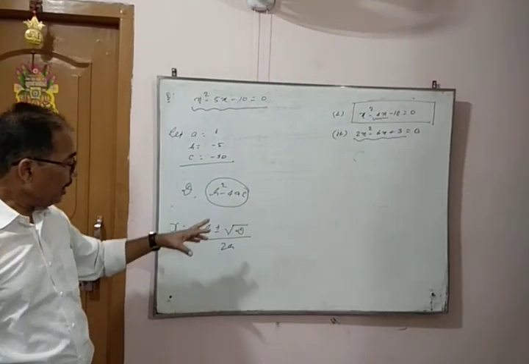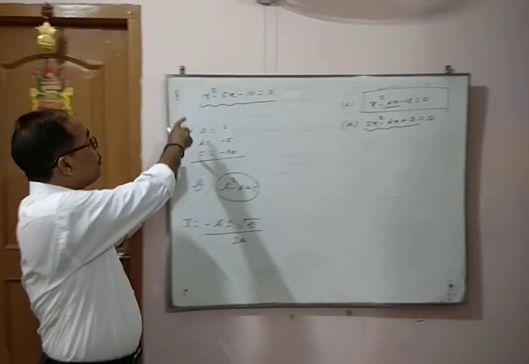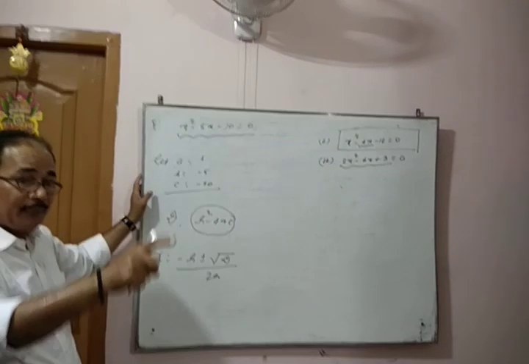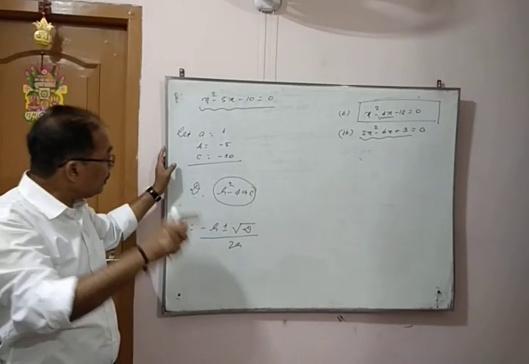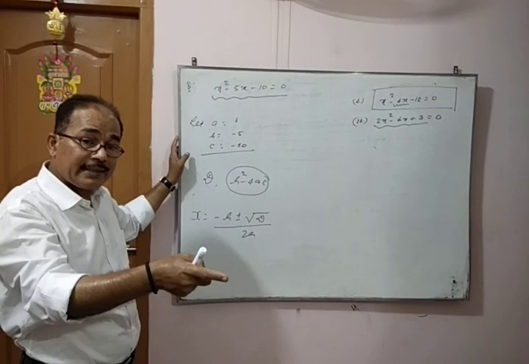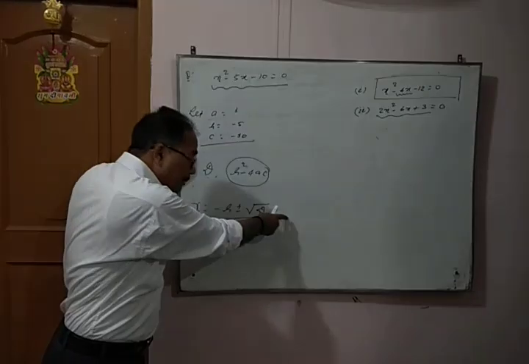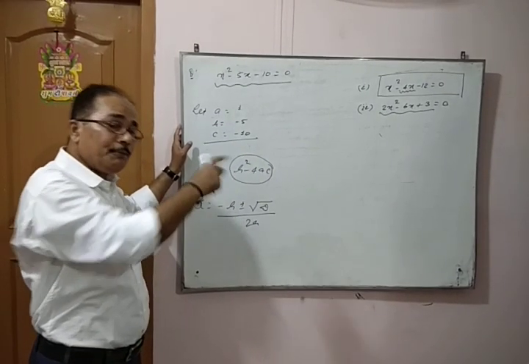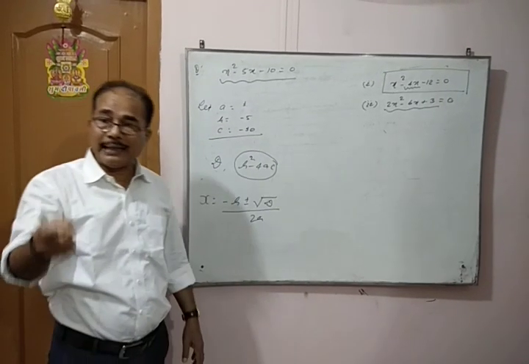So mind it, if the question asks for the roots of this quadratic equation up to 2 places of decimal, then you have to calculate the square root of D up to 3 places. Once you will use the positive sign, next the negative sign, simplify it, and finally write down the answer. You have to round off, and then you will write down the answer.